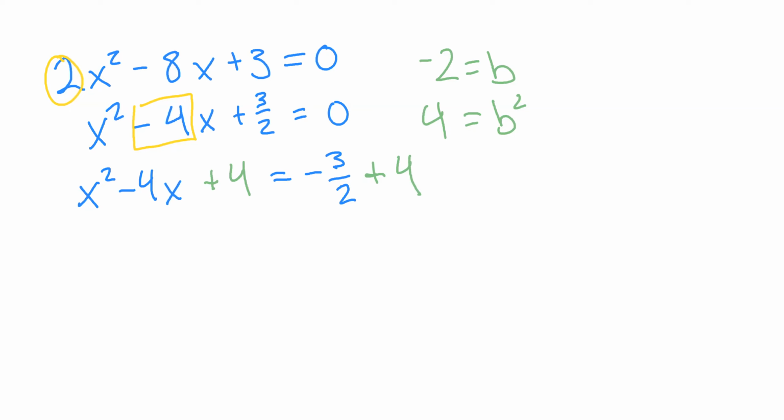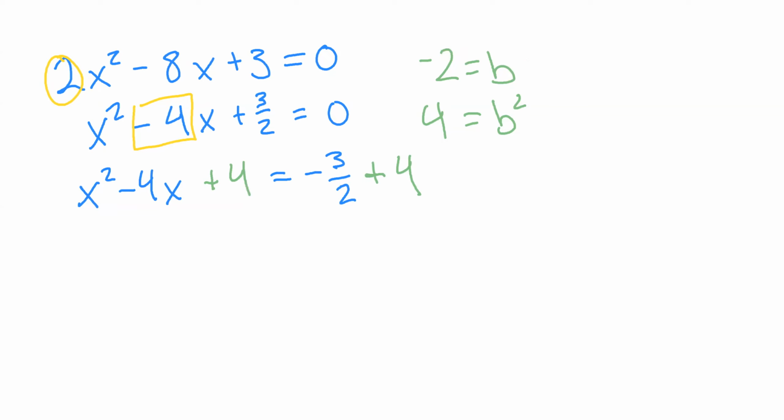Okay. Now that we've got our perfect square on the left-hand side, we can factor that, right? What multiplies to +4 and adds to -4? Well, that's -2 and -2, right? That's our b. But you can always just factor this regularly. But the reason we mark our b is so we don't even have to think about how this factors.